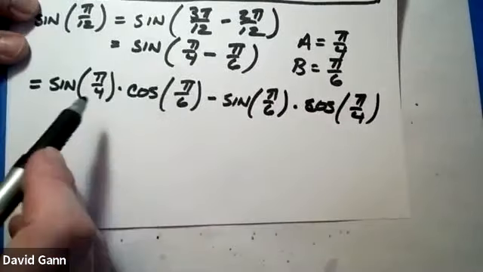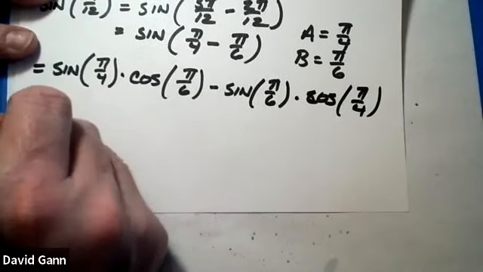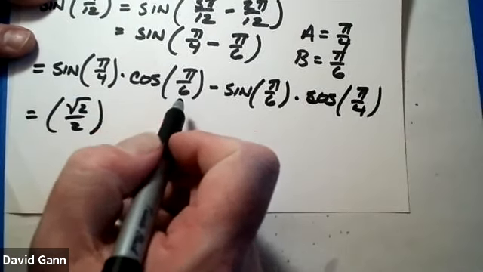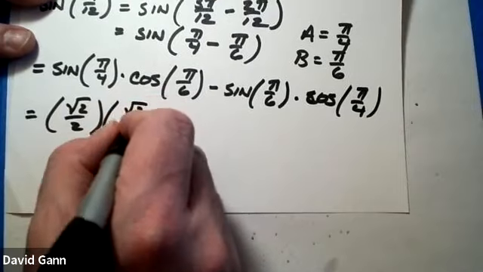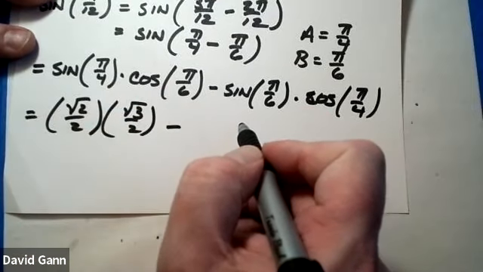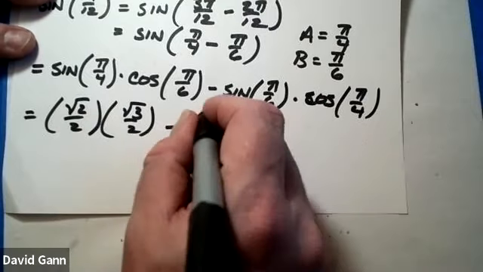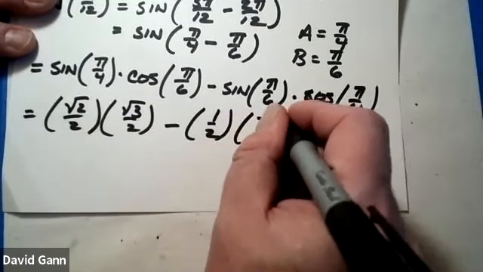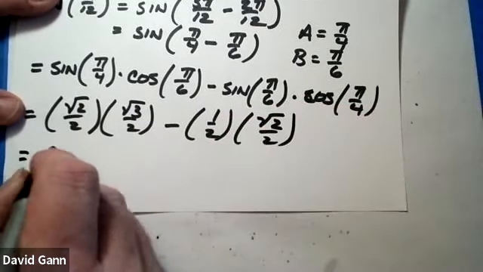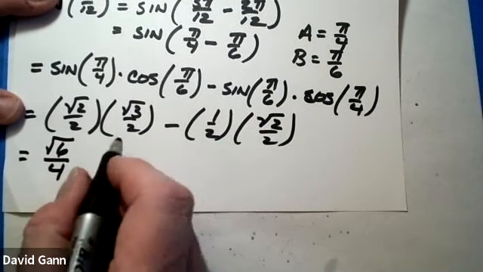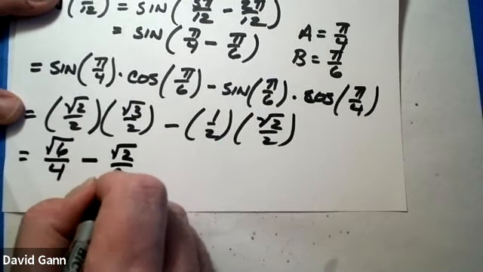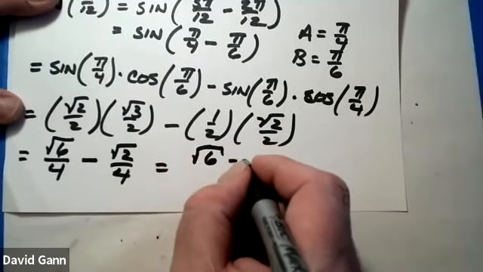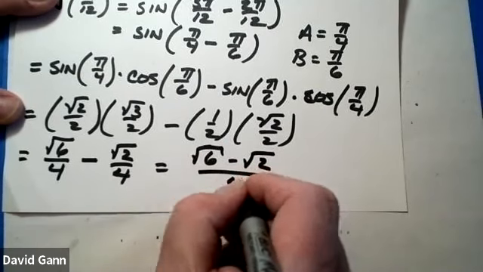Now sine of pi over 4 is square root of 2 over 2. Cosine of pi over 6 is square root of 3 over 2. Minus sine of 30 degrees, or pi over 6, is 1/2. And cosine of pi over 4 is square root of 2 over 2. When you simplify, this becomes square root of 6 over 4 minus square root of 2 over 4. Usually you'll see them combined as a single fraction: square root of 6 minus square root of 2, all over 4.